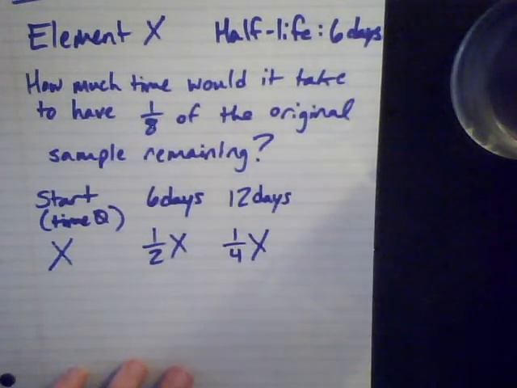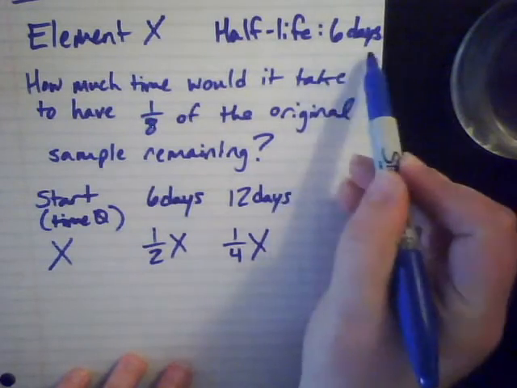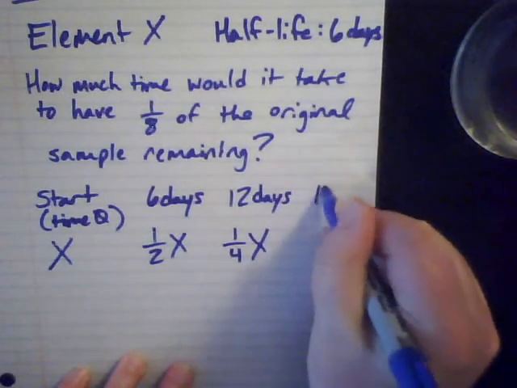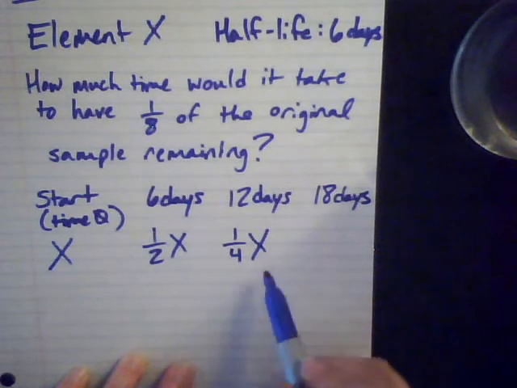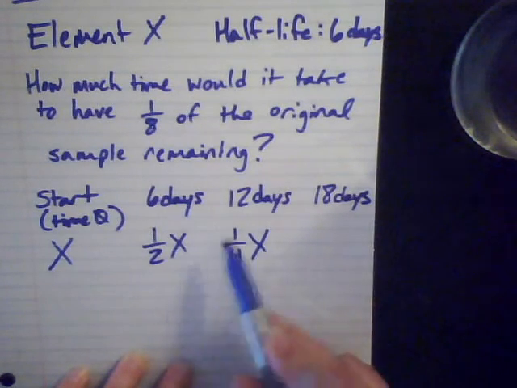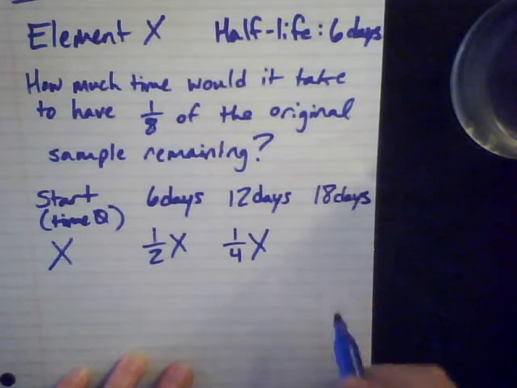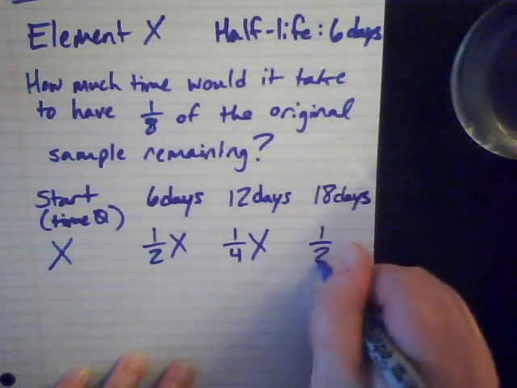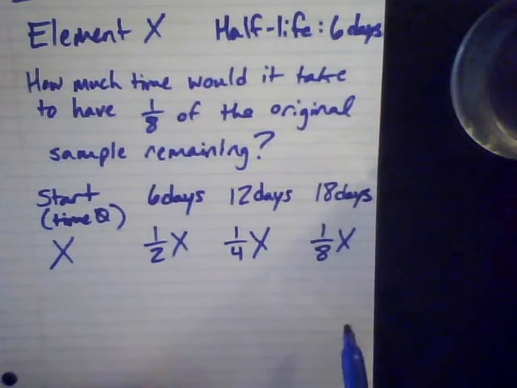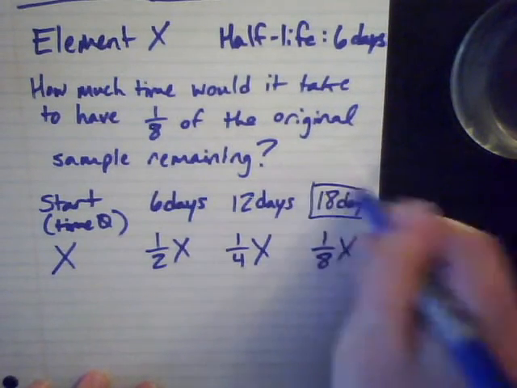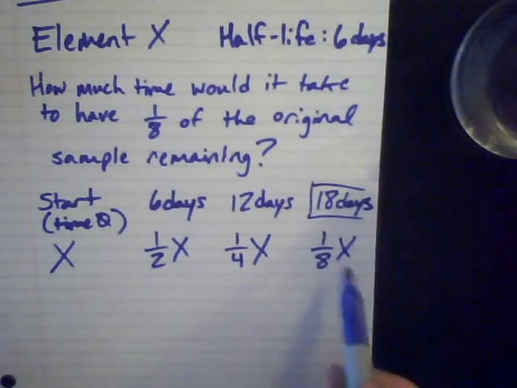So if I add another half-life, another 6 days here, now I'm up to 18 days. And now I have half of my 1/4 of the original sample, so that gives me 1/8 of the original. Okay, so your answer to this question would be, it would take 18 days to have 1/8 of the original sample.